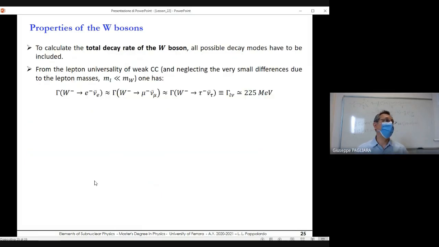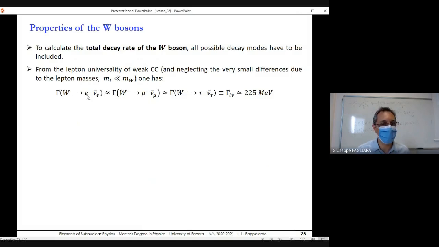Now we want to calculate the total decay width, and compare with experimental results. So in order to calculate the total, you have to take into account all possible decay modes. But the good news is that we don't need to repeat this calculation every time for each decay mode. We can just use a simple trick, as I will show in a moment. First of all, things become easy because we can assume lepton universality.